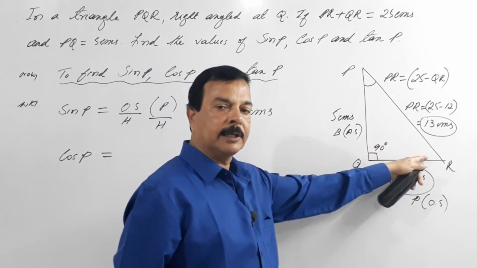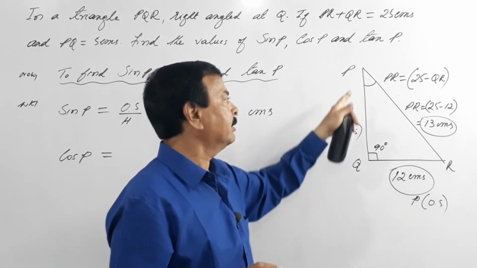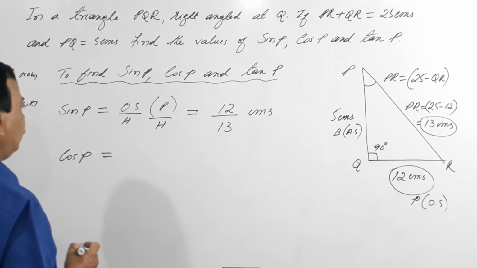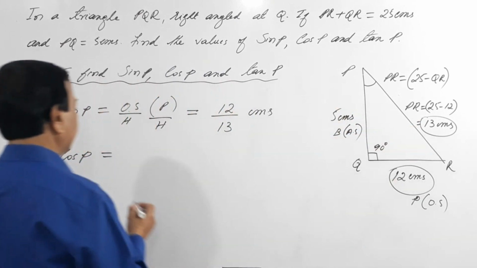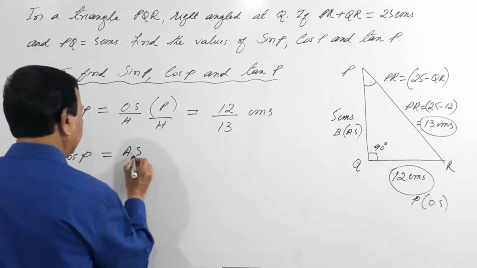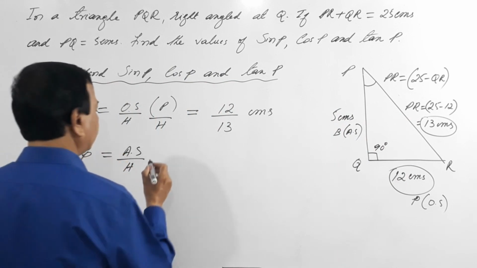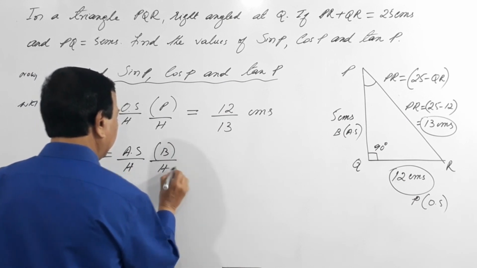Supposing I had taken this as angle, this would have been opposite side. Let's not bother about this, because I have taught you all this. So what is cos? Adjacent by hypotenuse, so nothing but base by hypotenuse.